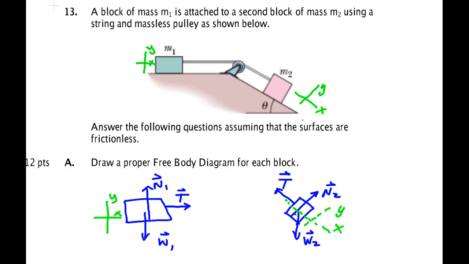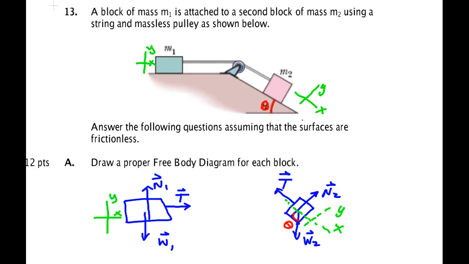Now, this angle here, which I'll now make red, is needed because this axis lies on Y, this axis lies on X, but this weight does not lie on either one. So we're going to need an angle theta, which is the angle of this incline, in order to break that vector into its X and Y components.